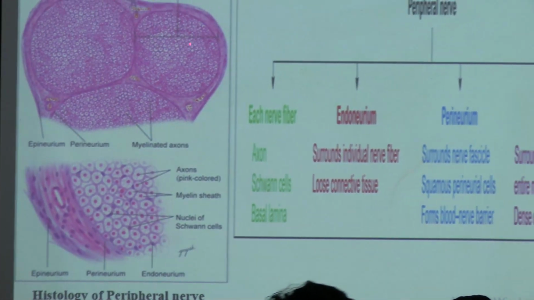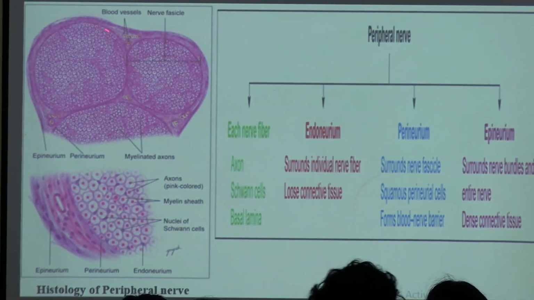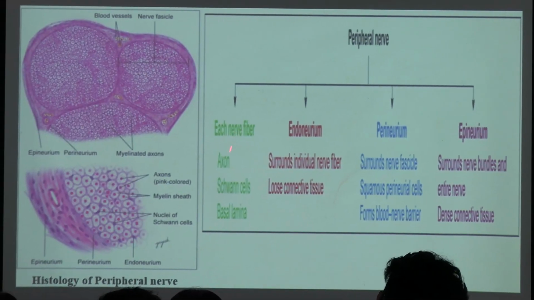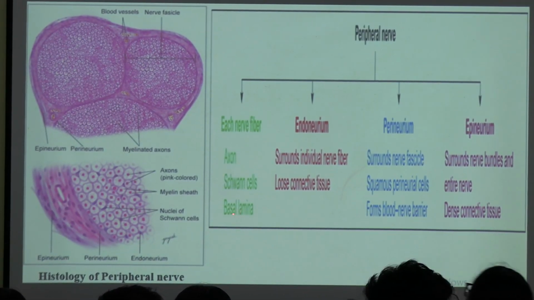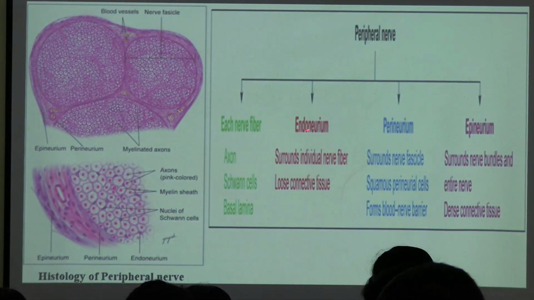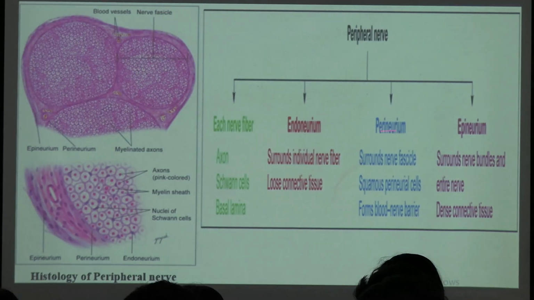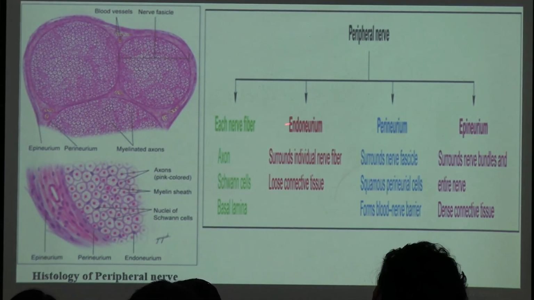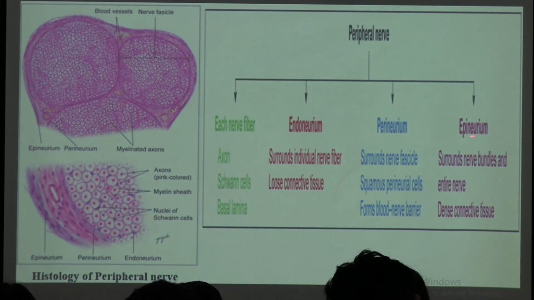Now this is the diagram showing the histology of a peripheral nerve. First of all, you can see each nerve fiber, axons, Schwann cells and the basal lamina where the cells are resting. Then three layers of connective tissue coverings are there: the endoneurium, perineurium and epineurium. The endoneurium surrounds the individual nerve fiber.